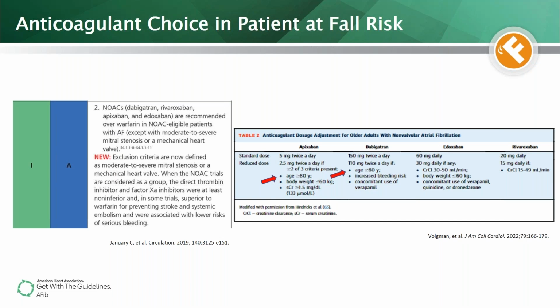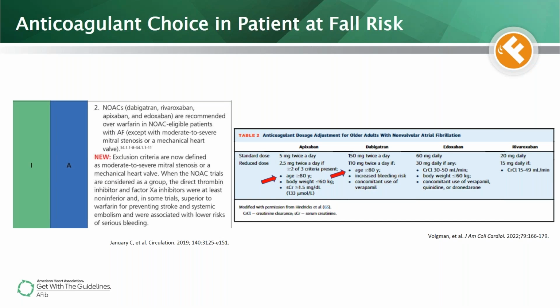When we look at NOAC or DOAC use in an elderly population, there are some things to keep in mind. And dosing is important to keep in mind. What is the appropriate dose for your patient? I've just listed here in a table what you might want to take into consideration.